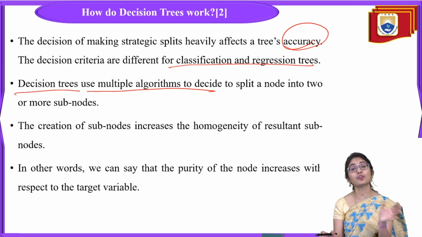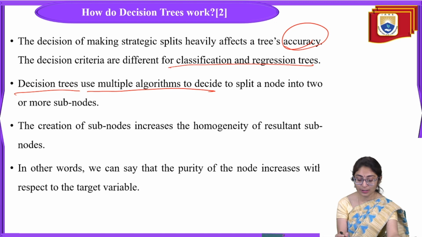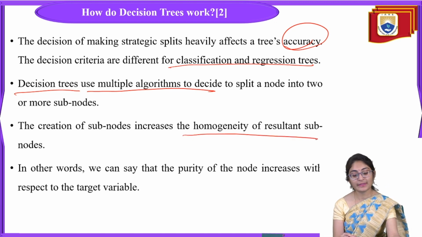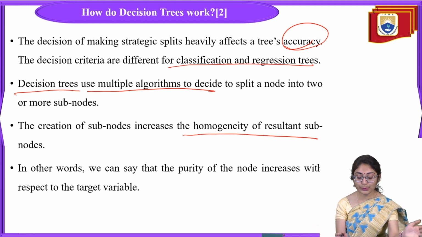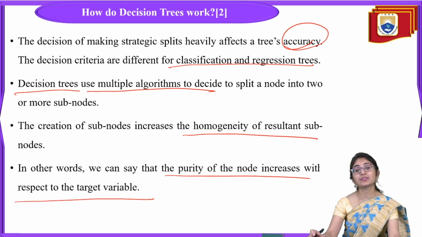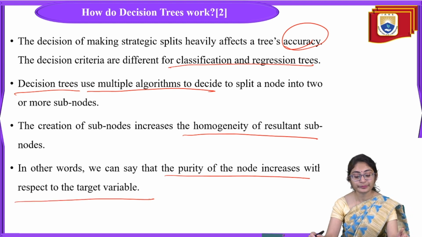The creation of sub-nodes increases the homogeneity of the resultant sub-nodes. In other words, we can say that the purity of the node increases with respect to the target variable.